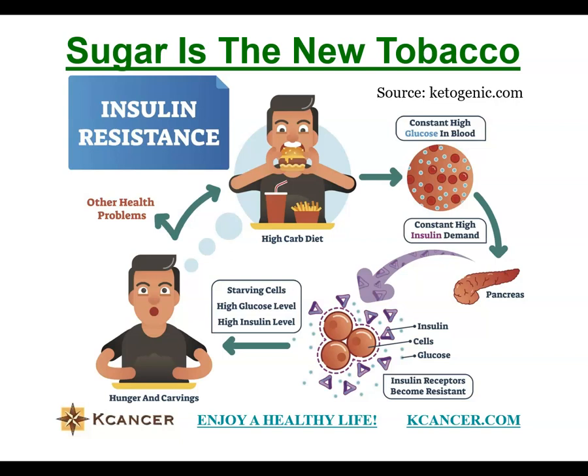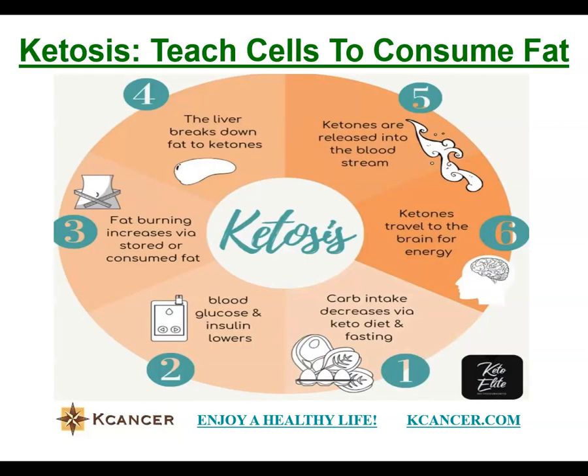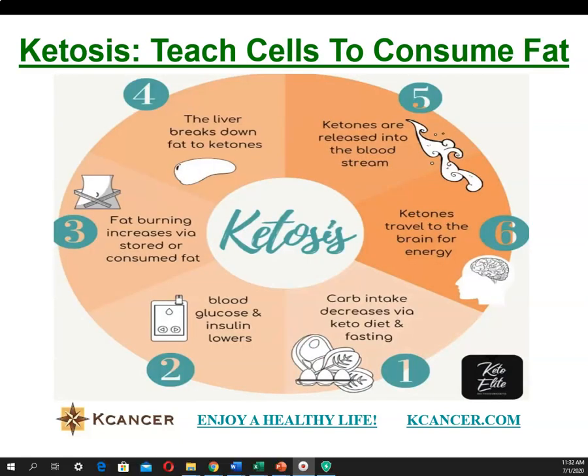So why do we need the keto diet? The keto diet provides an alternative energy source, instead of using glucose as the energy source. In the keto diet, we teach healthy cells to consume fat, and the process is ketosis.